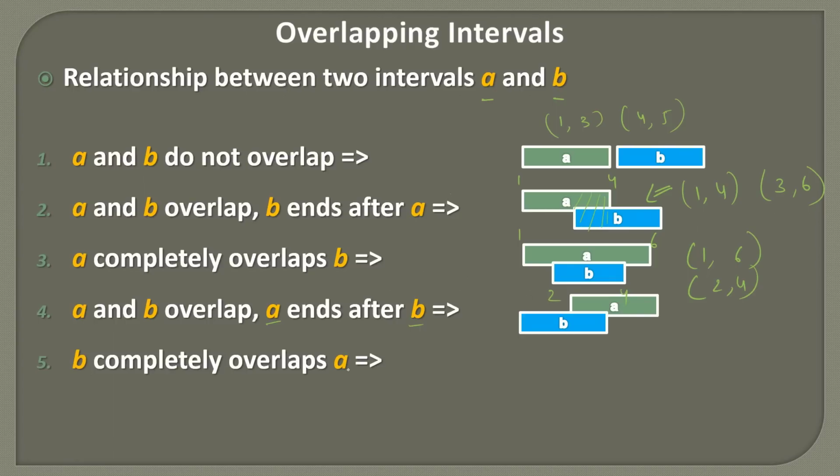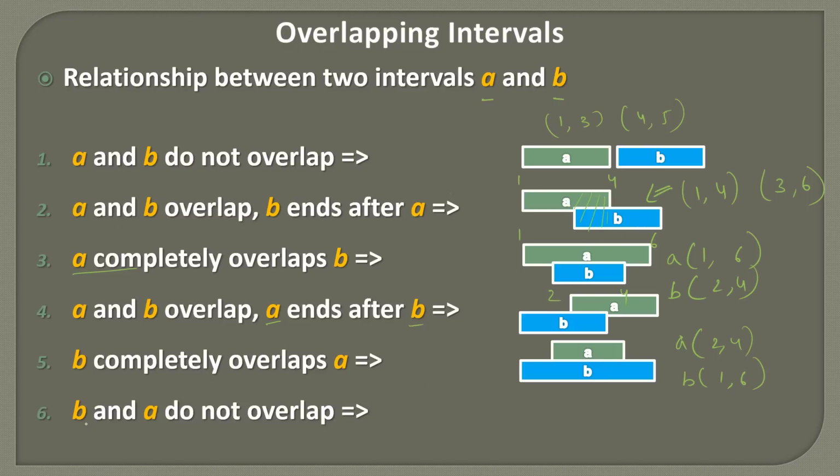The fifth case is B completely overlaps A. This is pretty much the same as A completely overlapping B. Here we just need to change the order of A and B. So if this was A and this was B, here A would be 2, 4 and B would be 1, 6. Rest everything remains the same.